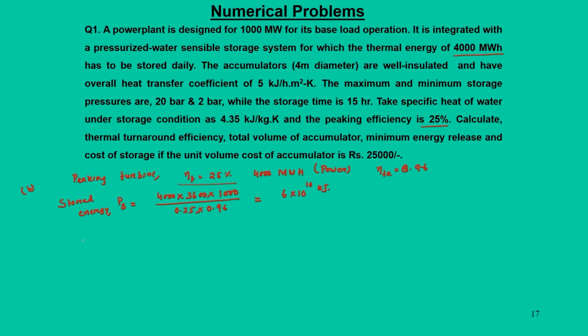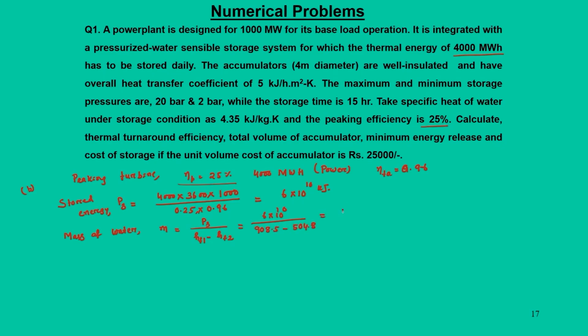Now, for the stored energy, we say mass of water, because it has to be sensible storage, that is M would be PS divided by HF1 minus HF2. So, 6 into 10 to the power 10 divided by 908.5 minus 504.8.